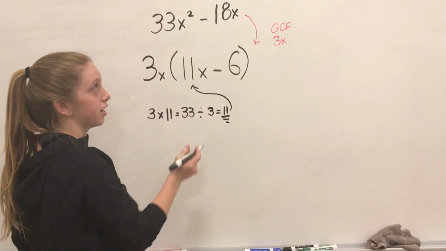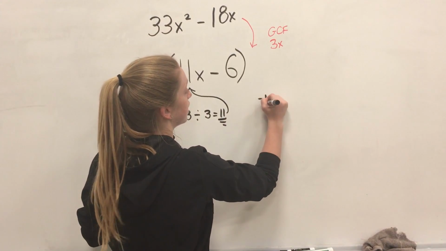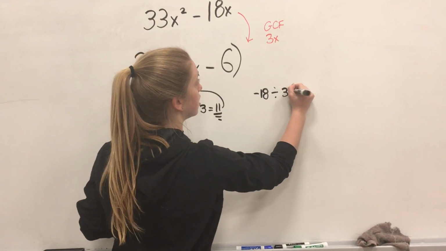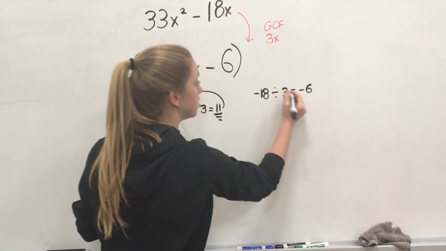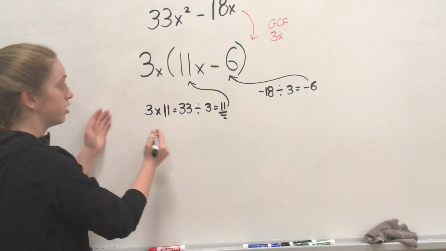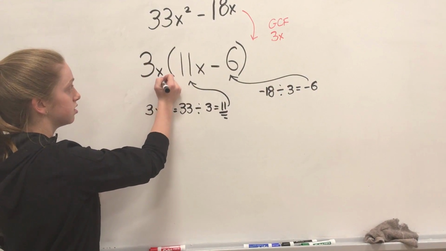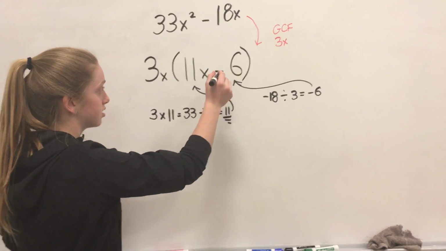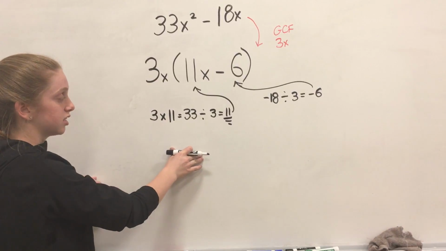And same for 18, so negative 18 divided by 3 equals negative 6, which goes here. And so then you would have your equation 3x multiplied by 11x minus 6 is the correct answer.